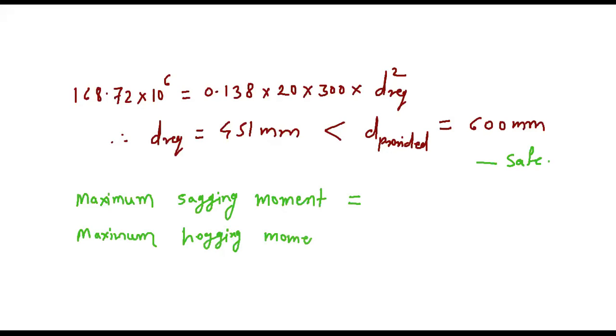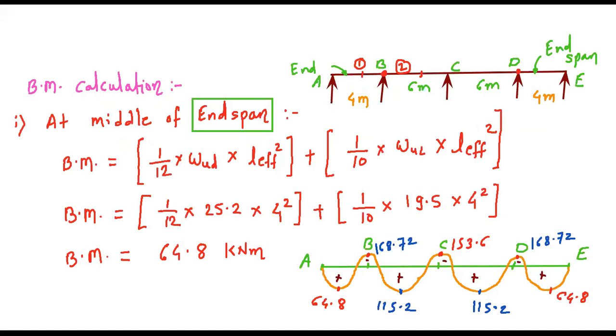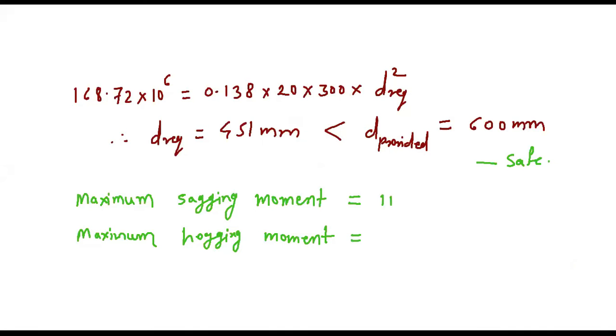Those values are: our maximum sagging moment is 115.2 and the maximum hogging moment is 168.72, in kilonewton meter.